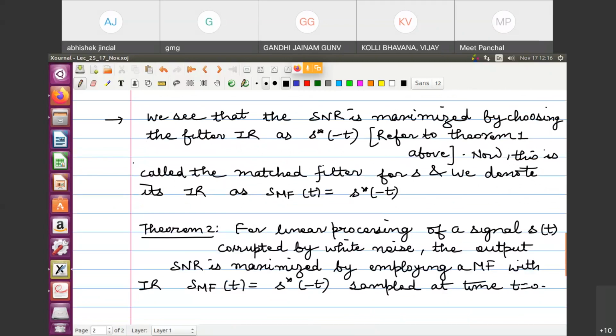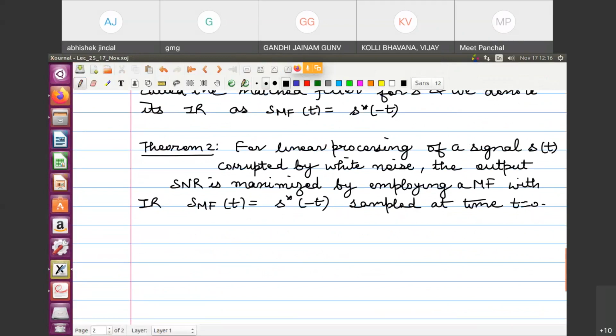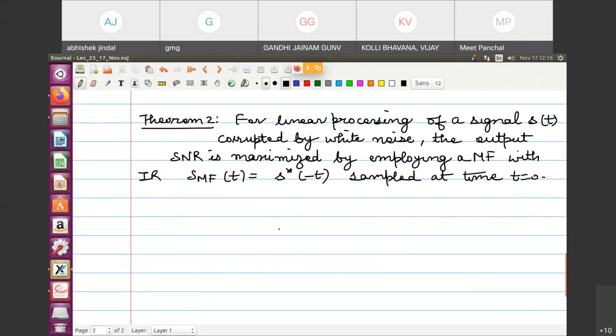Now this is what the concept of matched filter is. Suppose we are choosing a pulse like this to transmit our signal, of width T_b, that is the bit interval. This is s(t) versus t, and you are doing some sort of amplitude modulation: for 1 you are transmitting s(t), and for 0 you are transmitting minus s(t).